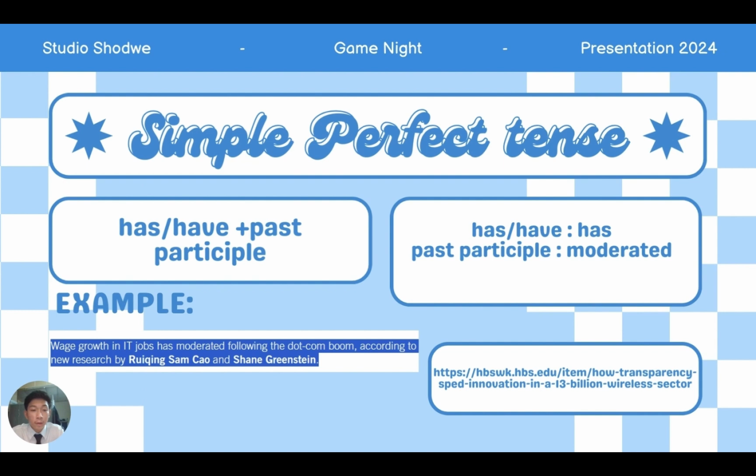As the example given right down there: wage growth in IT jobs has moderated following the dot-com boom, according to new research by Sam Chu and Shane Greenstein. In the article given, the has or have is has and the past participle is moderated.